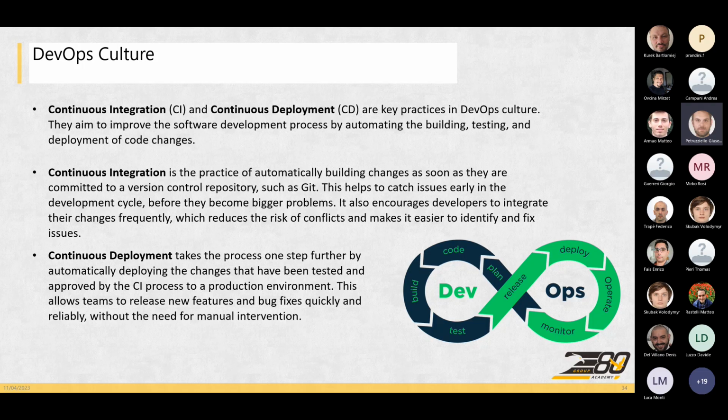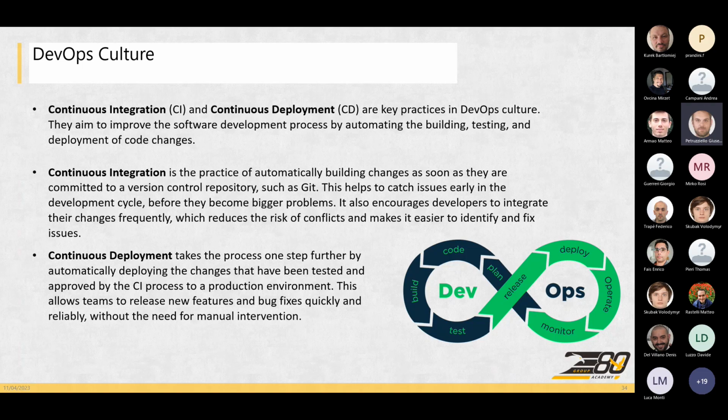This is important because it helps to catch issues early in the development cycle before they become bigger problems. It also encourages developers to integrate their changes frequently, which reduces the risk of conflict and makes it easier to identify and fix issues.